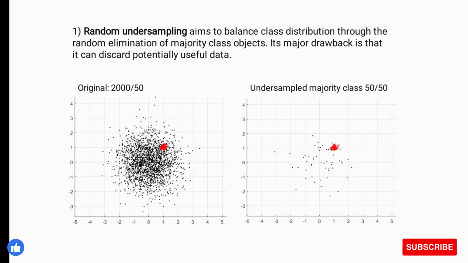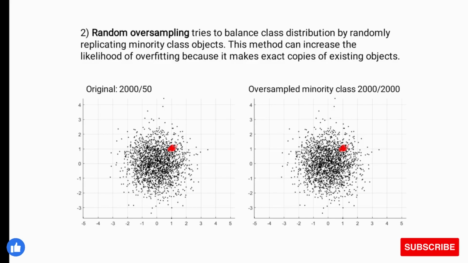Okay, so this works, but it's potentially going to be worse overall. We're going to make more mistakes that way. How about we try the opposite? Let's try random oversampling. Now, what this means is that we're going to do the same sort of thing, but the opposite way around. So instead of throwing away any data from the majority class, we keep that as is.